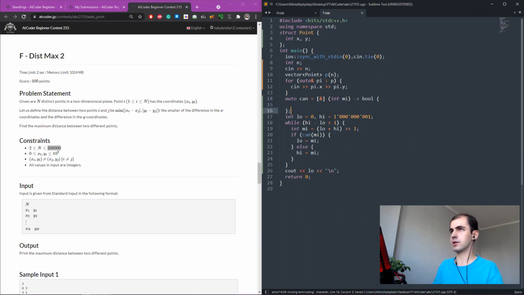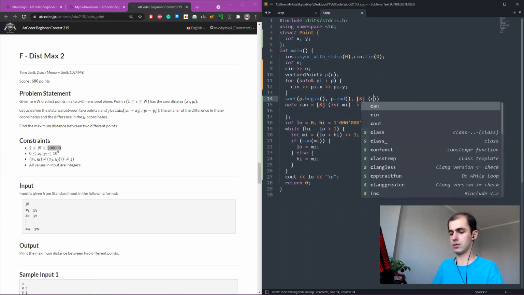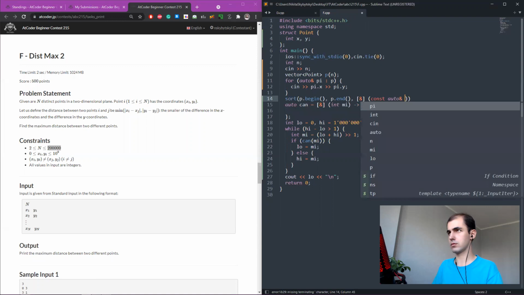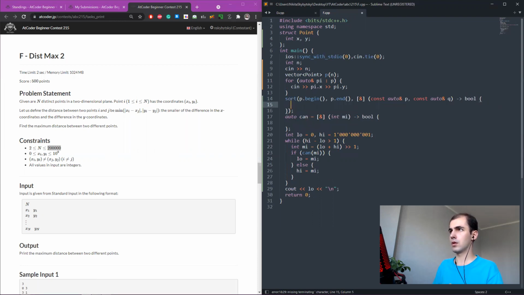That's a function with a signature like this. What we also need to do is sort points, I guess by, let's say, x coordinates.